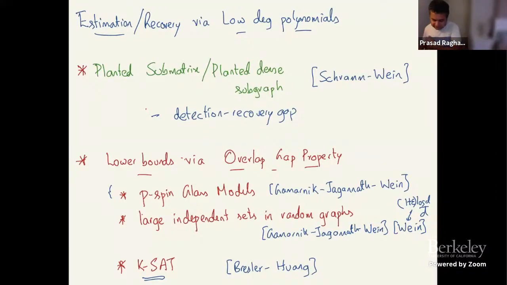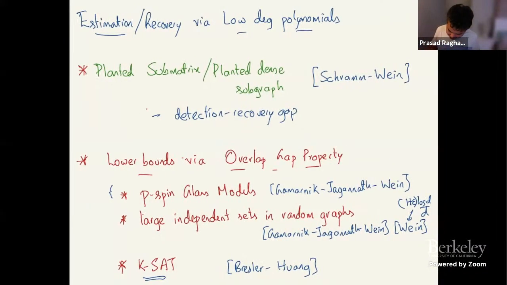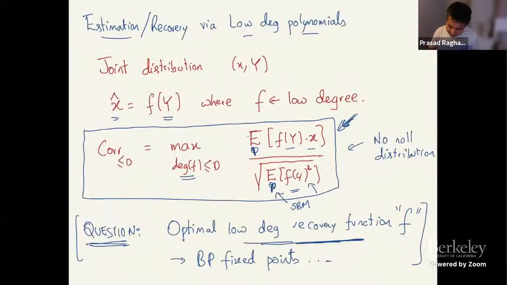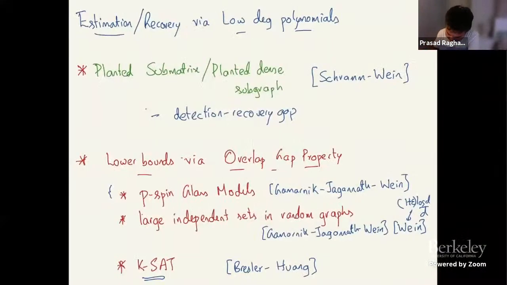Yes, right. This is right. So KSAT, for example, KSAT or large random graph, these are all non-planted.